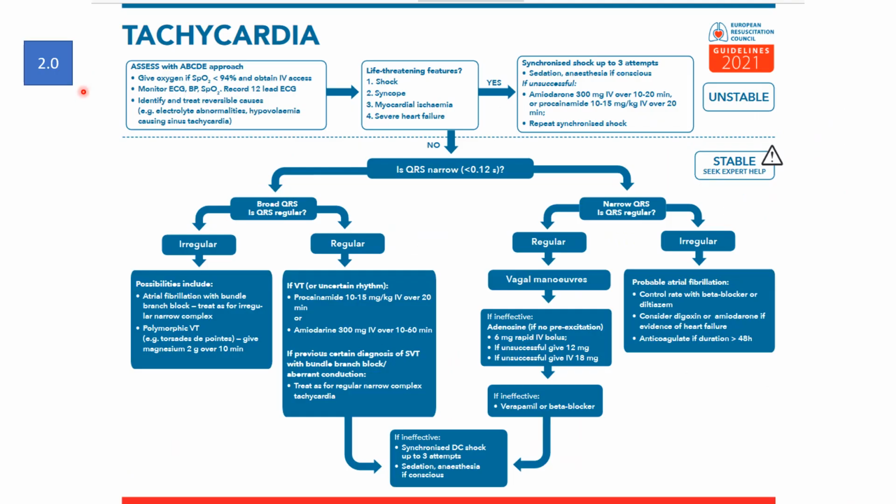But then the ERC came out with their second guideline, or in 2021 they retracted their old algorithm after critique, and went back to the 2015 version. Or almost the 2015 version, and went away from adenosine to the broad ones, right?